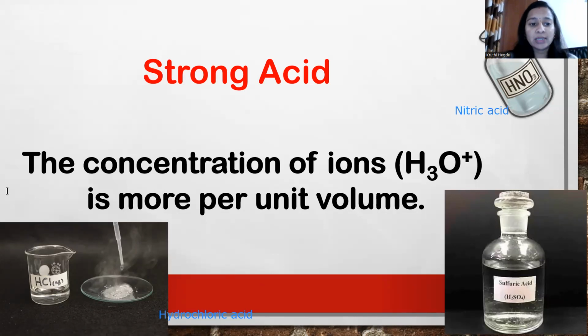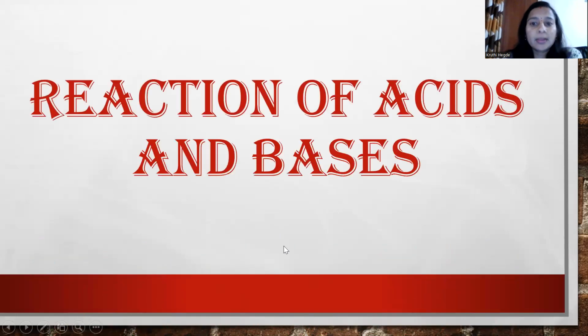Shall we move next? Now our discussion will be about chemical properties of acids and bases. There are many chemical properties which we need to discuss. Let us discuss a few chemical properties in today's video. Reaction of acids and bases. How do acids and bases react with other substances?